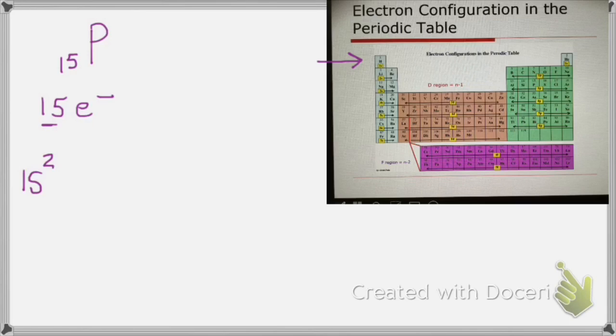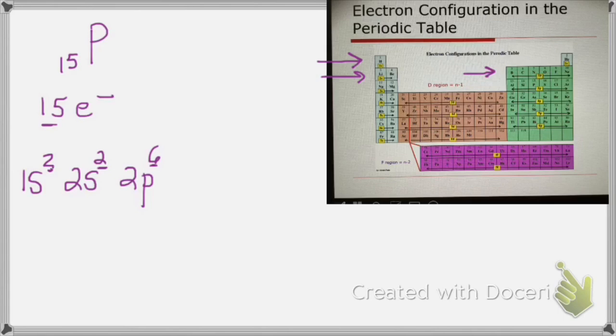Okay, now I go to my next step, 2s. Again, that can hold 2 electrons. If I add these together, I am up to 4 electrons accounted for at this point. After the 2s, the 2p fills in. There are 3 p orbitals, so that can hold a maximum of 6 electrons. I need all 6. I am now up to 10 electrons.